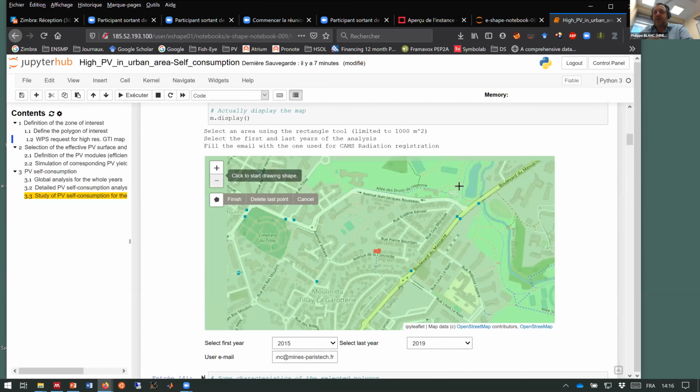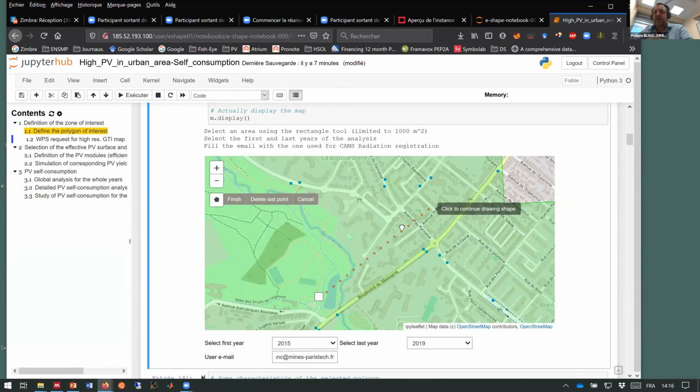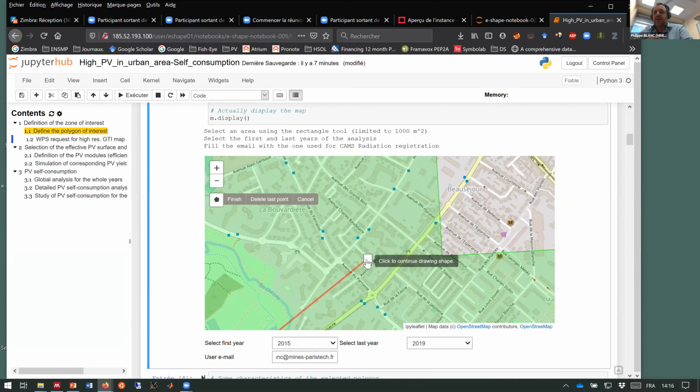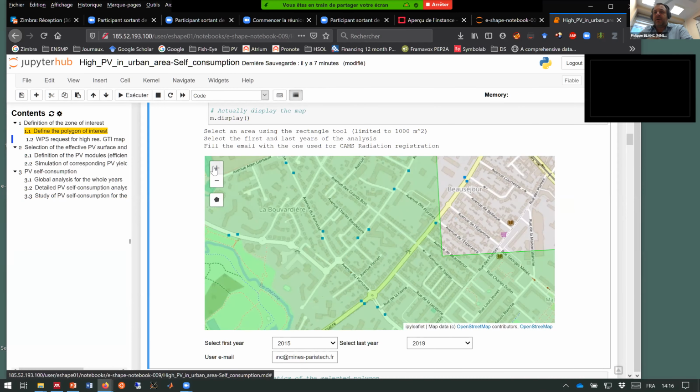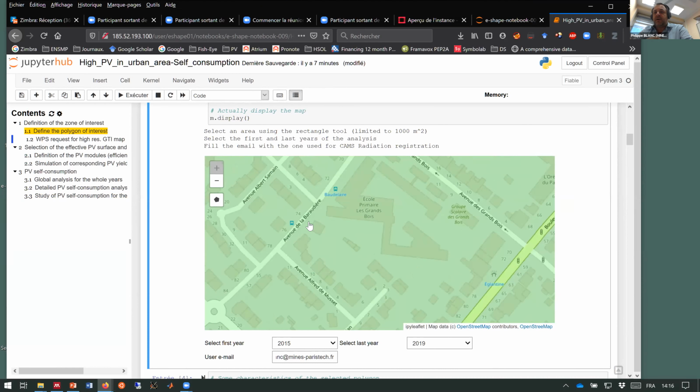For example, I can look at this place, and I can locate this polygon here. I have to finish by the first point of the polygon. So I have selected my polygon.